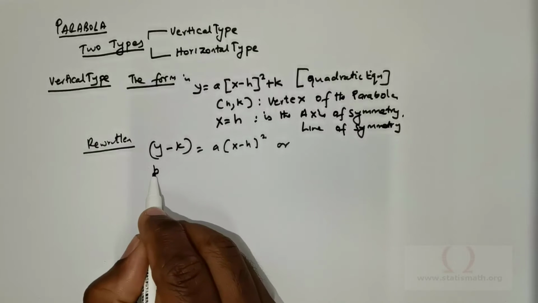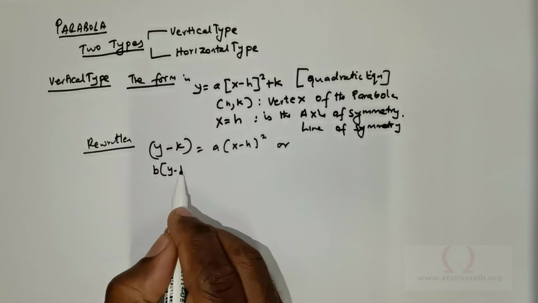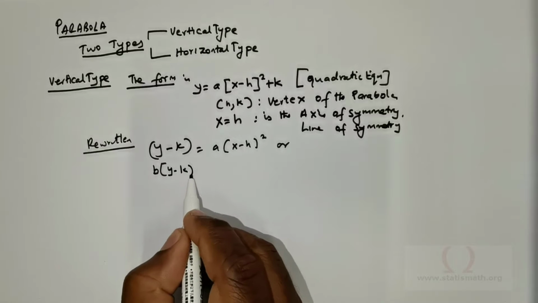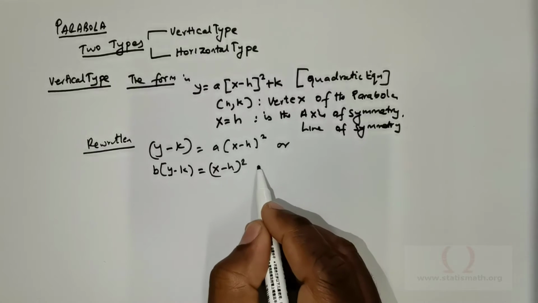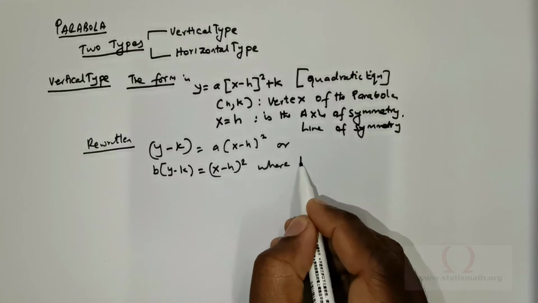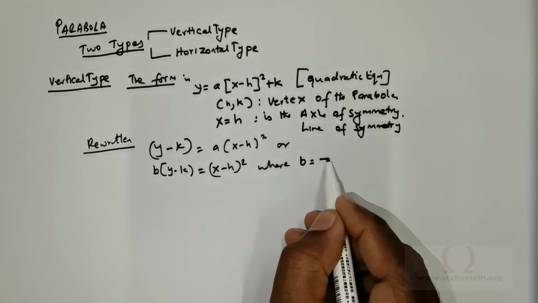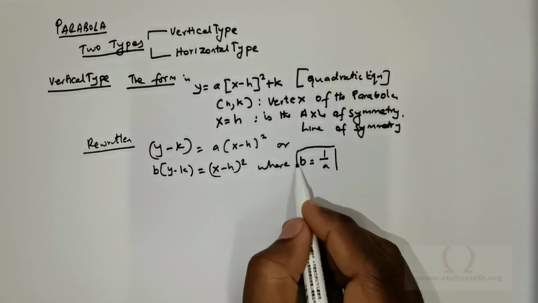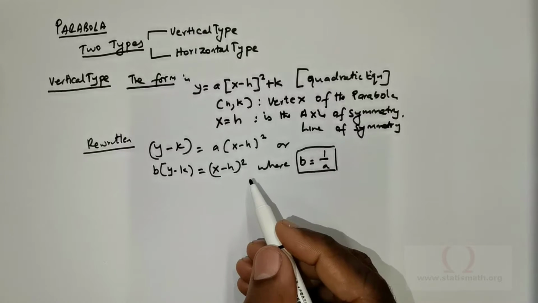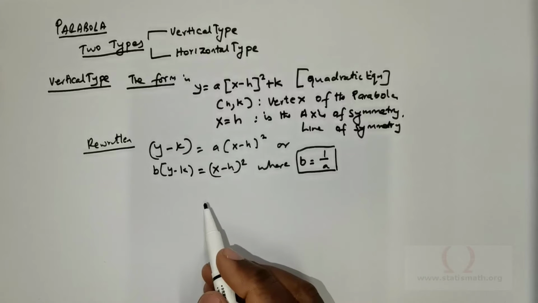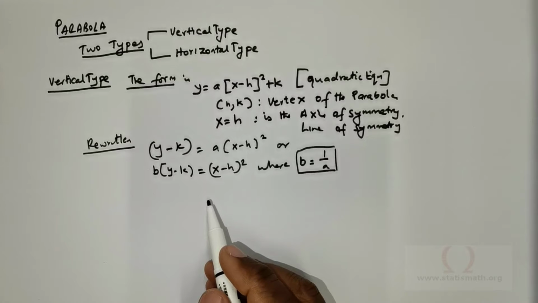Or it can also be rewritten as b times (y negative k) is equal to (x negative h) raised to the power 2, where b is 1 over a. So these are all different forms you have to know, and it is important that you understand the difference between vertical parabola and horizontal parabola.